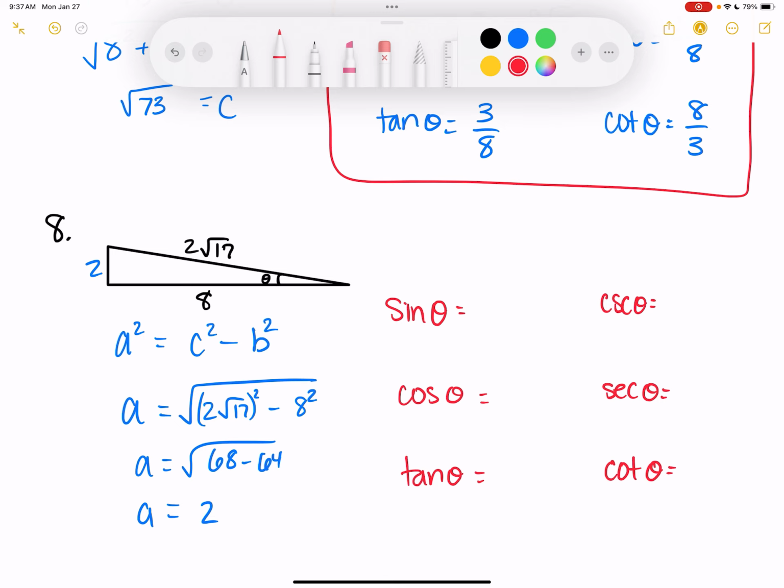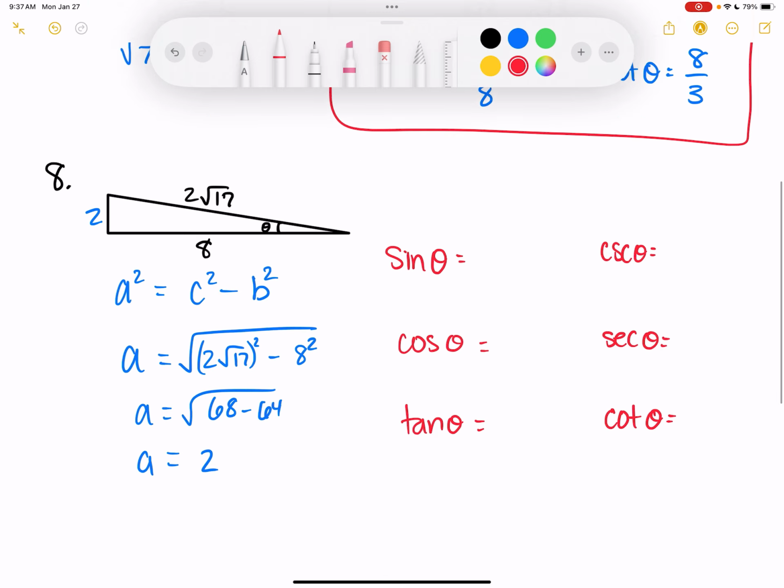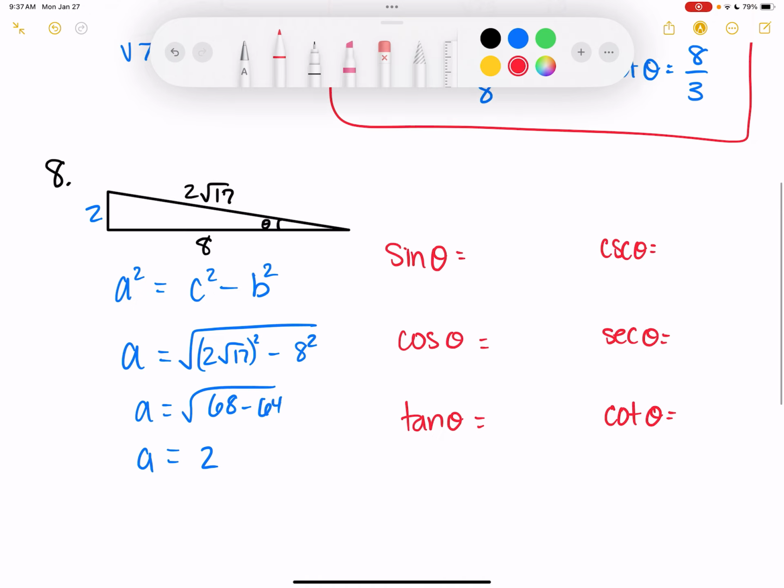All right. Sine of theta would be what? 2 over 2 root 17. I can't read my notes. Yep, 2 over 2 root 17. Now, the 2's we already know can cancel top and bottom. Okay, and then I have the square root of 17 down here, so what do I need to do?